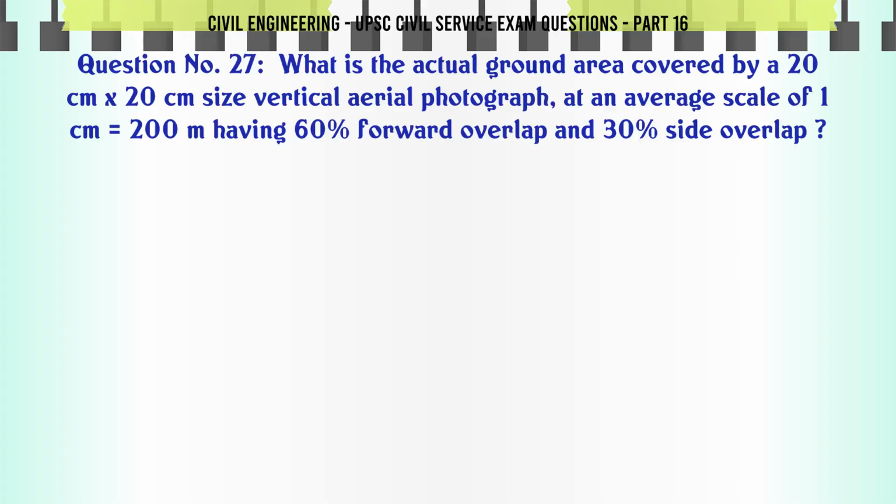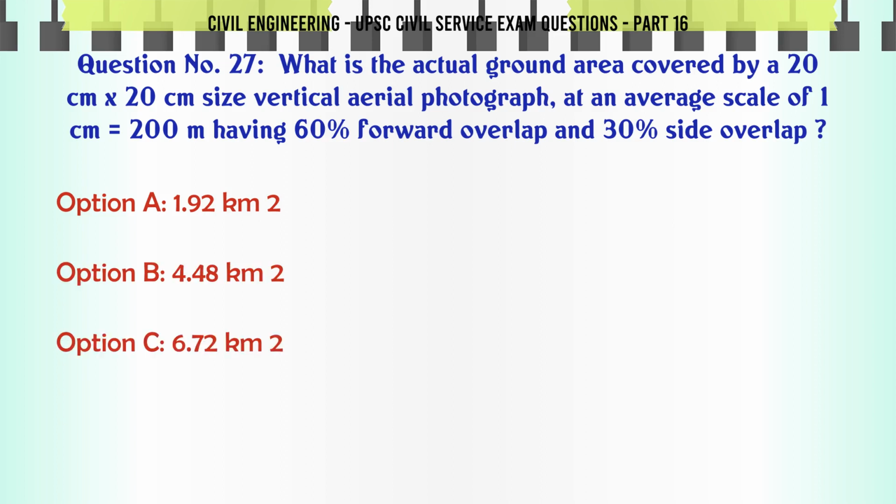What is the actual ground area covered by a 20 cm x 20 cm size vertical aerial photograph at an average scale of 1 cm to 100 m, having 60% forward overlap and 30% side overlap? A 1.92 km², B 4.48 km², C 6.72 km², D 2.88 km².